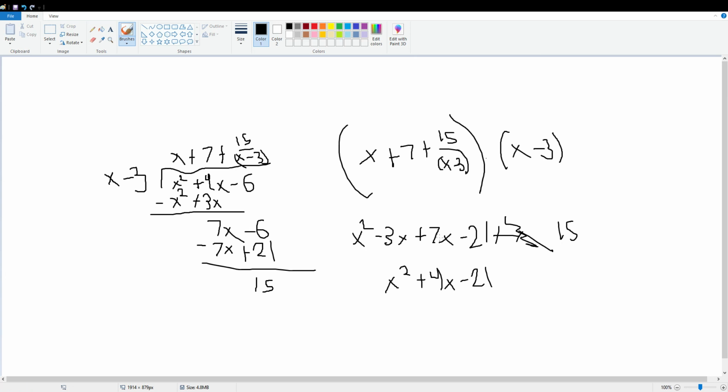And it looks like we have plus 15. And then we add this: x squared plus 4x minus 6. And this is the exact same thing as our dividend, so we know we checked our work correctly.